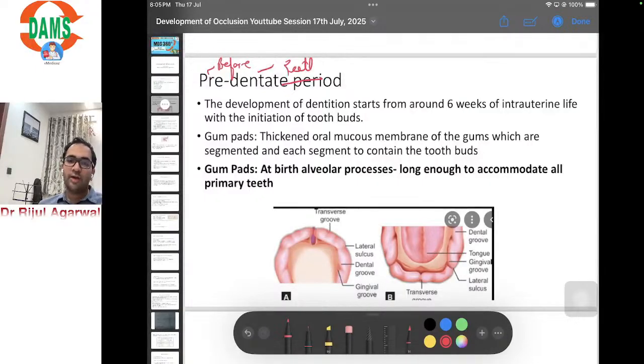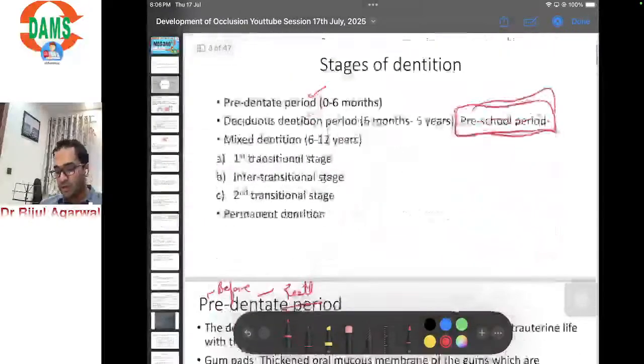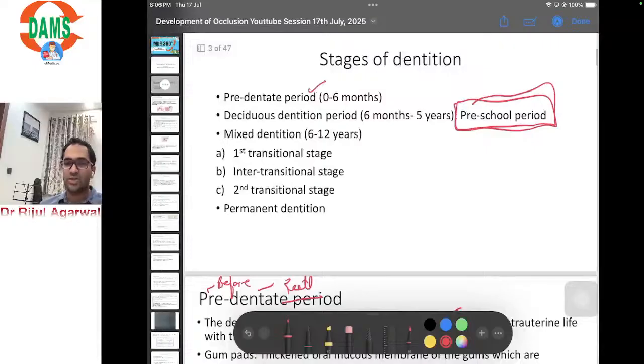The development of dentition typically starts around 6 weeks of intrauterine life with the initiation of tooth buds. So when the child is inside the mother's womb, dentition development starts at around 6 weeks of intrauterine life. Another numerically important piece of data.